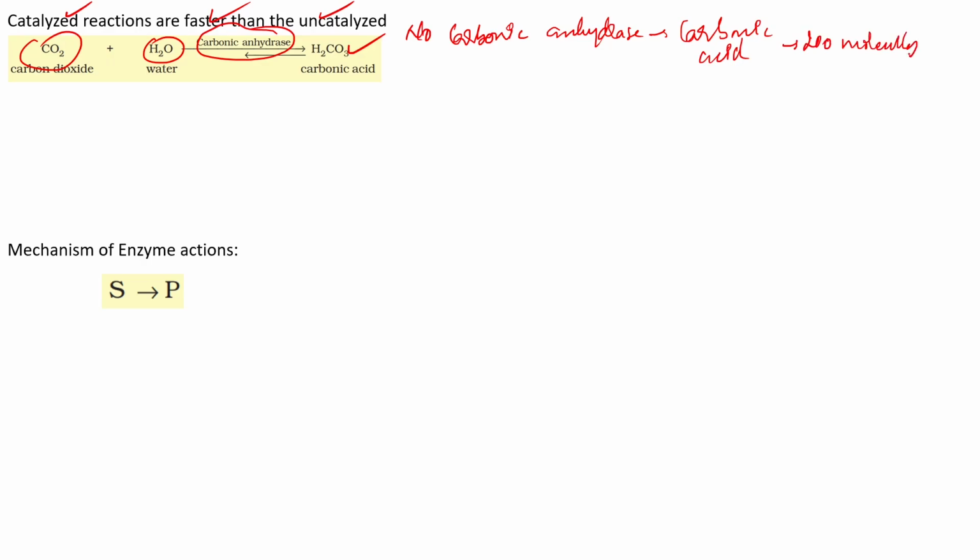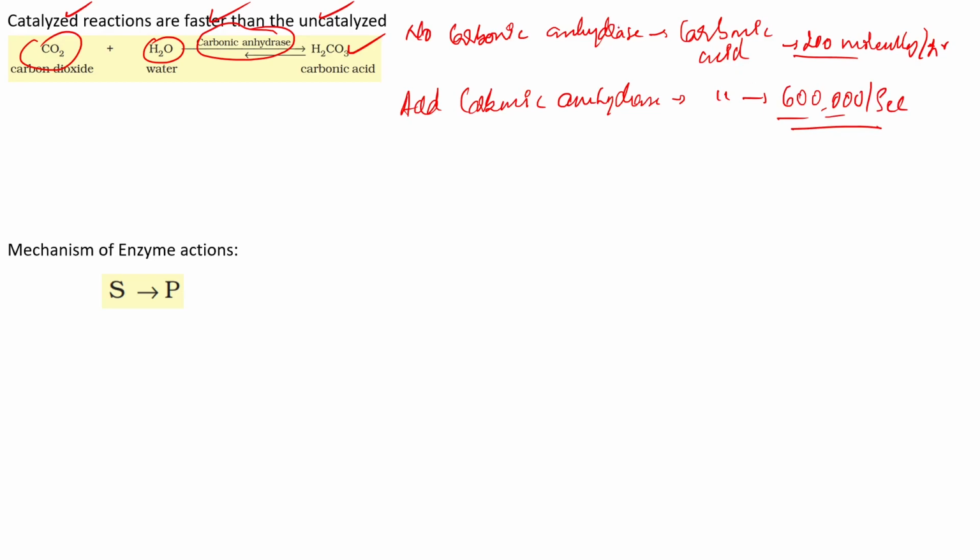The formation of carbonic acid is very low when there is no carbonic anhydrase. However, if we start to add carbonic anhydrase, you can see that the formation of carbonic acid increases. You can see that it is going to be around 600,000 molecules per second, right?